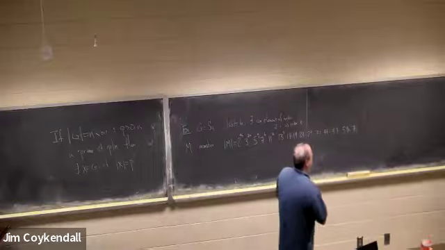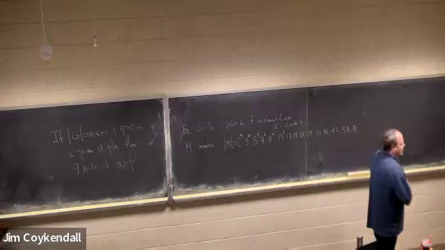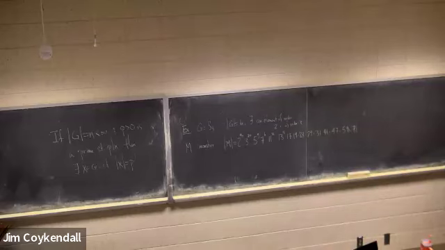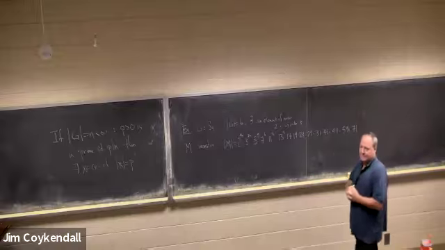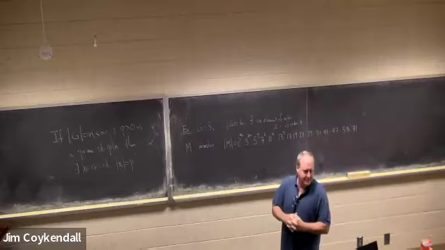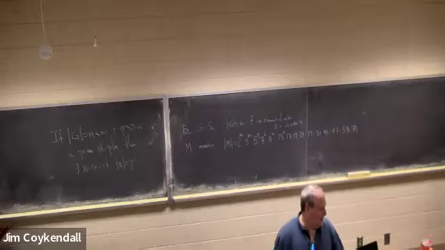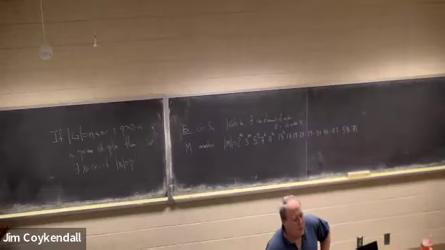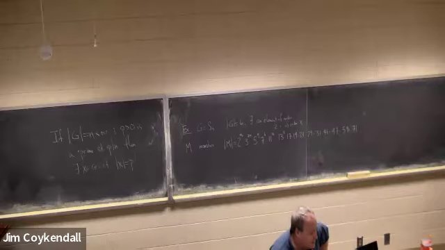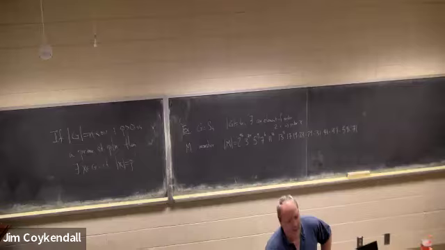Can anybody give me an example of a simple group that is abelian? Good, that's right. That's an easy one, right? Can you generalize your answer? Z what? Z_p. That is correct.